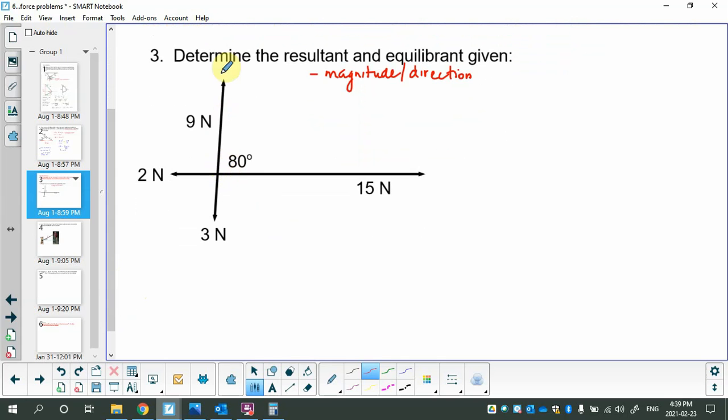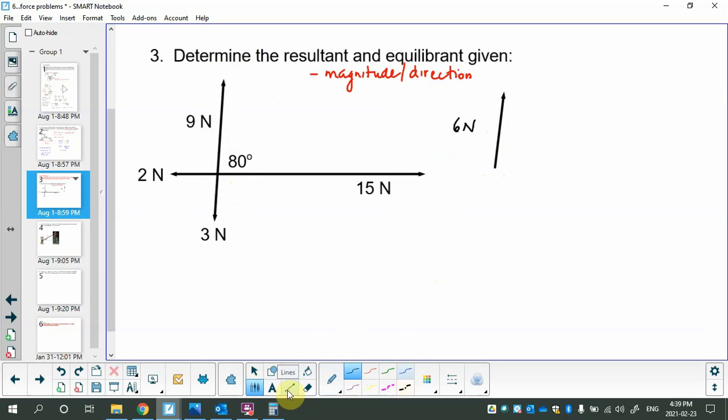It's got the one going up on an angle, down on an angle, horizontal to the left, horizontal to the right. But these two act in opposition to each other, and these two act in opposition to each other. So what we eventually have to do is we have to combine them. So if you think about it, from here to here is 9 newtons, and from here to here is 3 newtons. So what ends up happening is you end up having, and this is not my final picture, a 6 Newton force acting in that direction because this one offsets part of that.